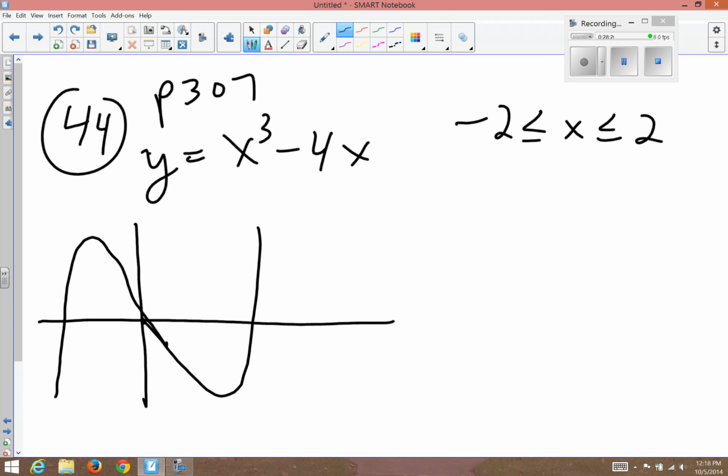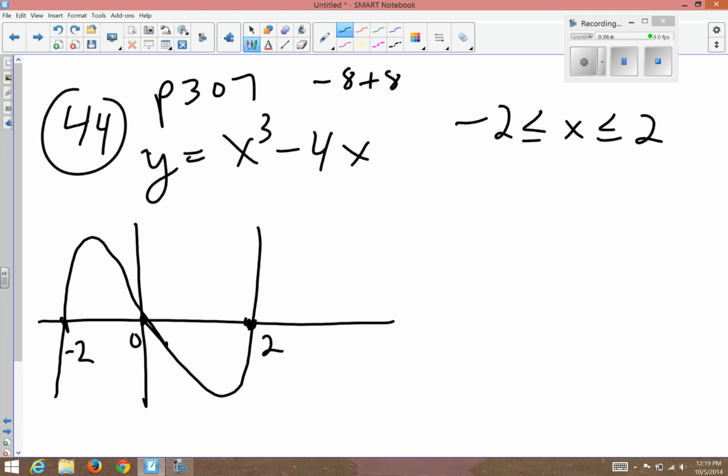It's crossing the x-axis at what appears to be negative 2. Let's see, negative 2 cubed would be negative 8. Negative 4 times negative 2 is positive 8, so that makes sense. Obviously crossing the x-axis at 0. And this also appears to be positive 2. 2 cubed is 8. 8 minus 8, 0.